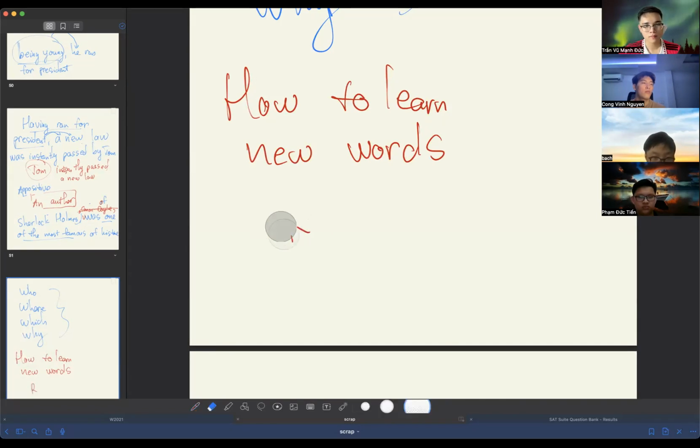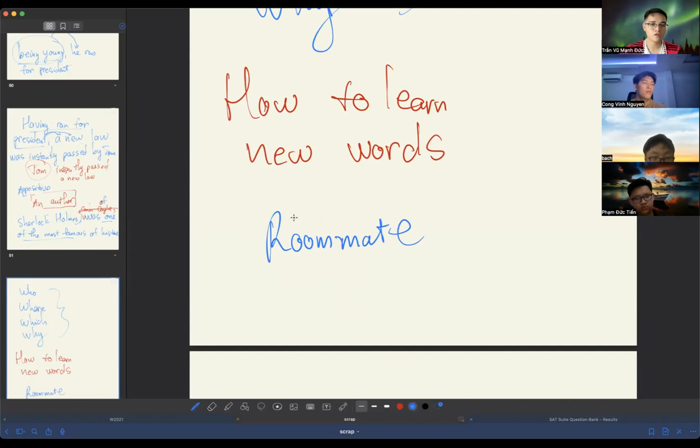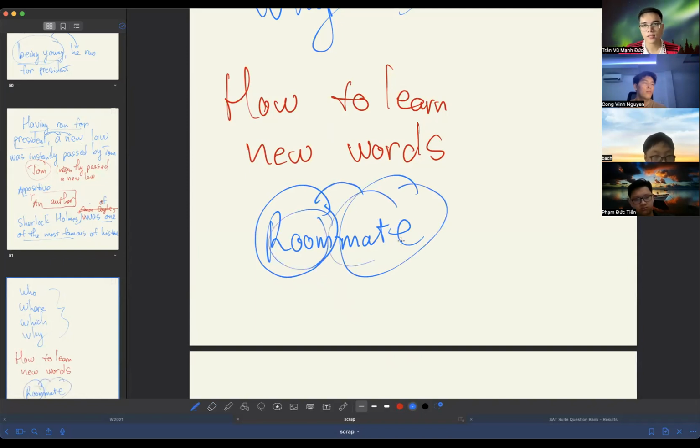For example, the word roommate. Room, mate. Roommate here is the summation of 2 different words, and it makes up 1 word. Room and mate.